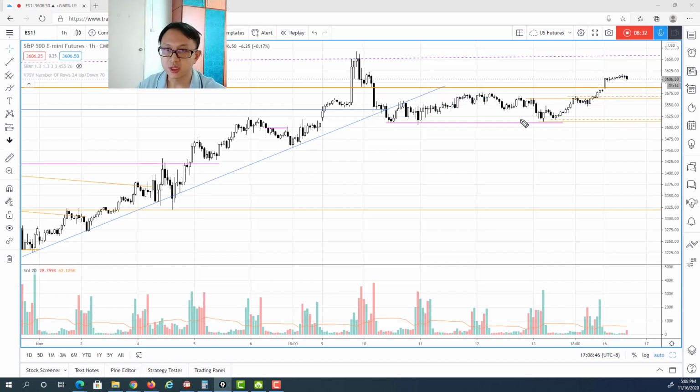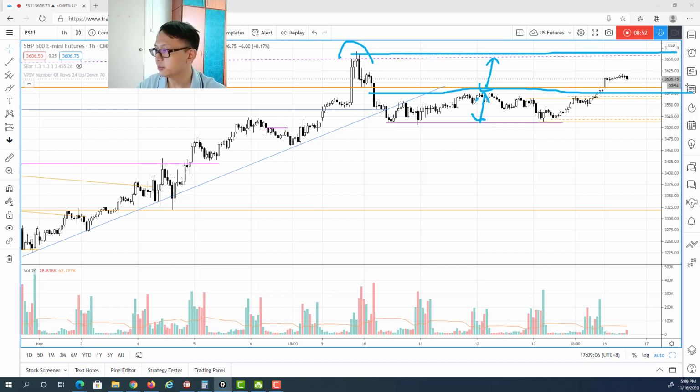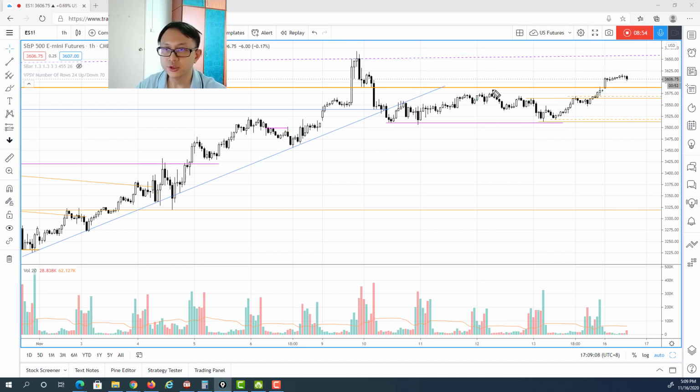So in terms of the target, I think for pattern trading, you can definitely use this 1-to-1, and that could probably project to the previous swing high near 3660, somewhere around there. That's just based on the 1-to-1 ratio.